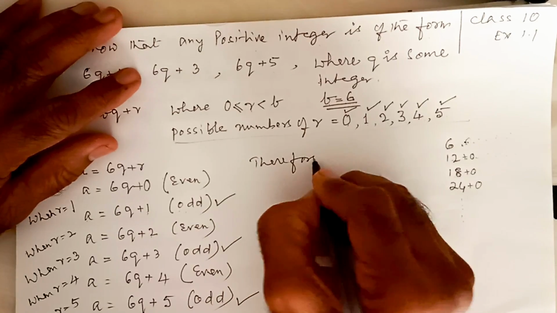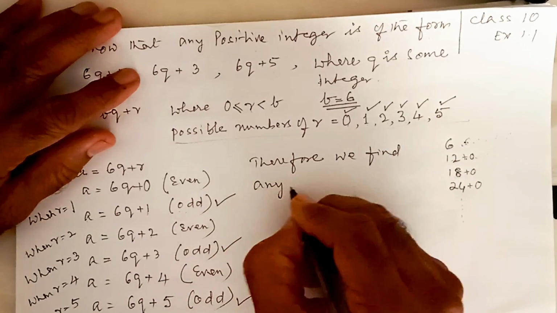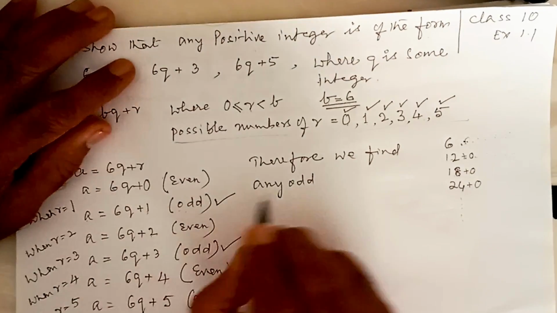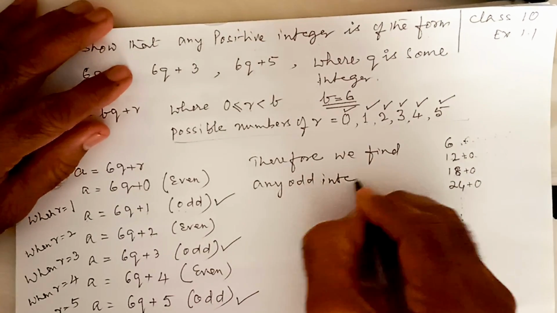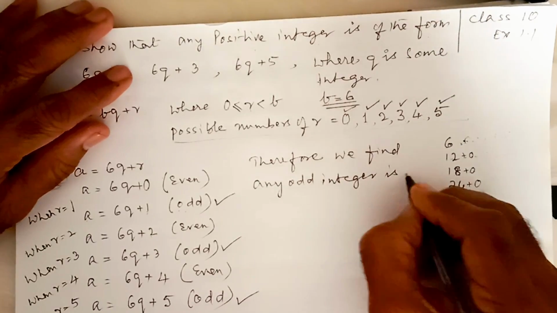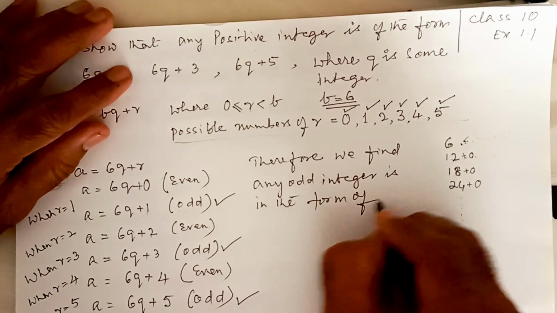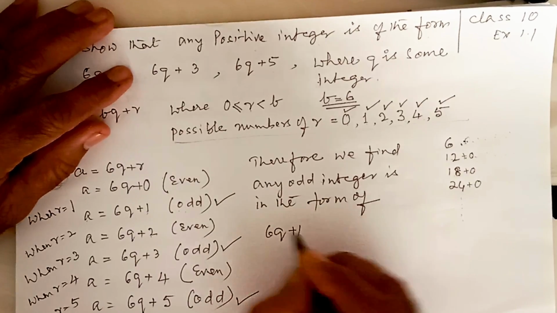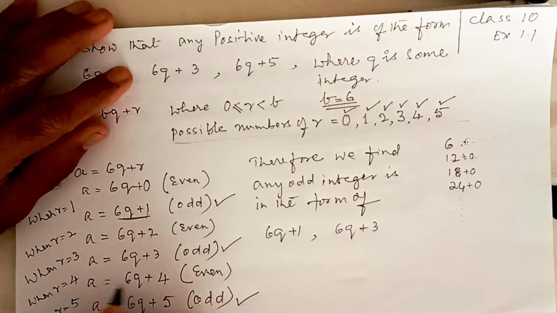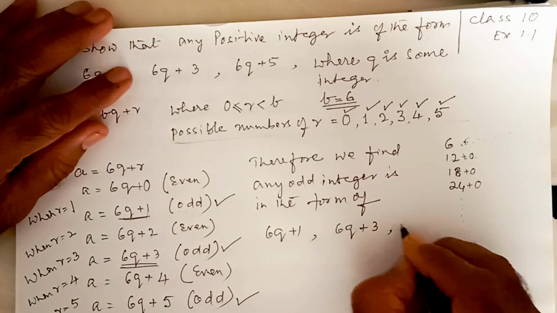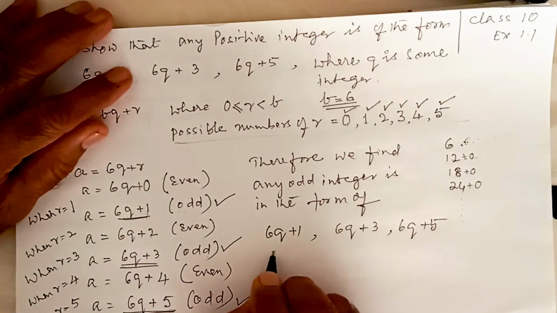Therefore, we find any odd integer is in the form of 6q plus 1, that is this, 6q plus 3, which is this, odd, or 6q plus 5, which is this. We have given the answer.